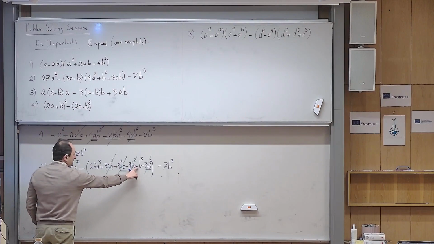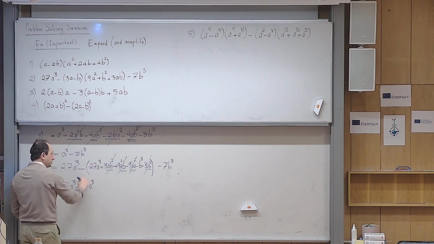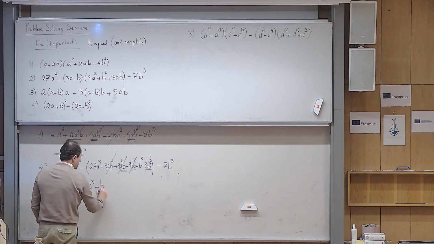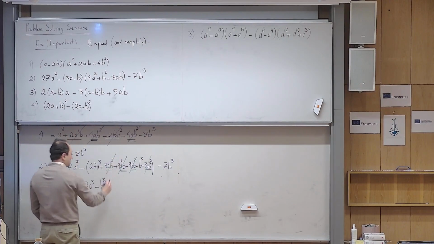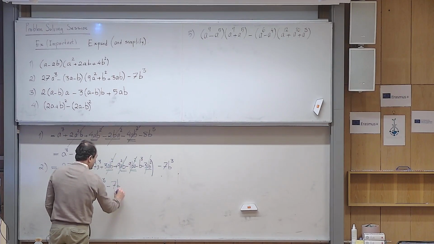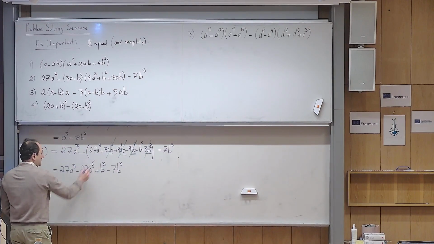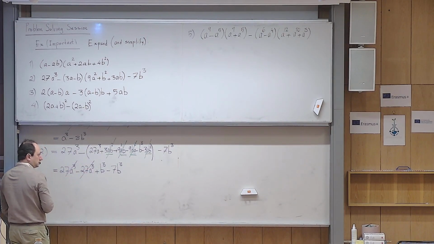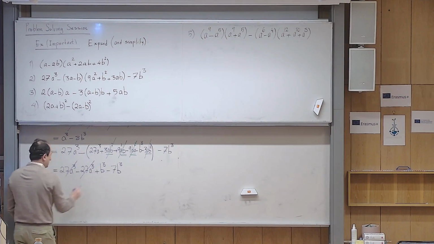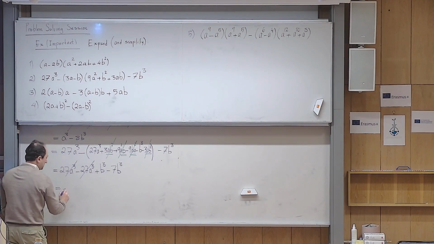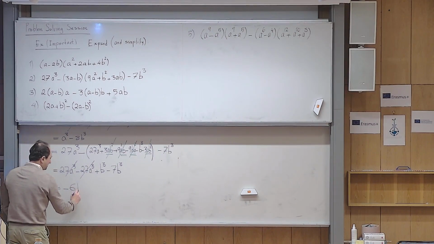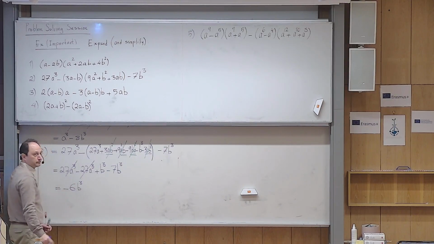The second one itself is negative, but because of this negative sign, it becomes positive. And then I have minus 7b cubed at the very end. And now what happens, you see, this one and this one are gone now. And these are also similar. What is the answer? Minus 6b cubed.